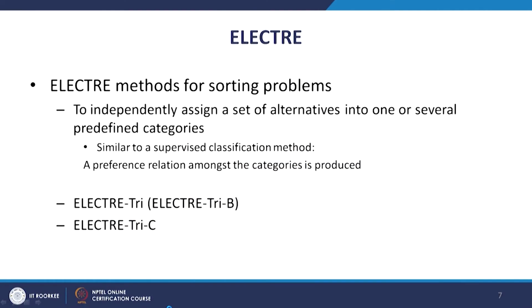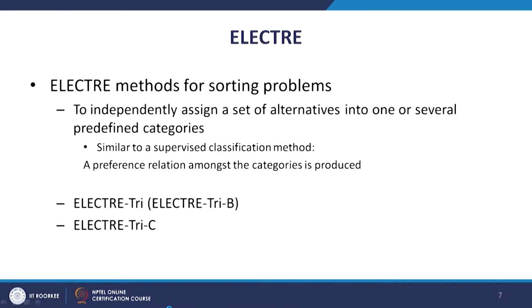When we say that for sorting problems we independently assign alternatives into predefined categories, that is very similar to supervised classification. However, a preference relation amongst the categories is produced. So, overall it is similar to supervised classification, but here we get the preference relation.